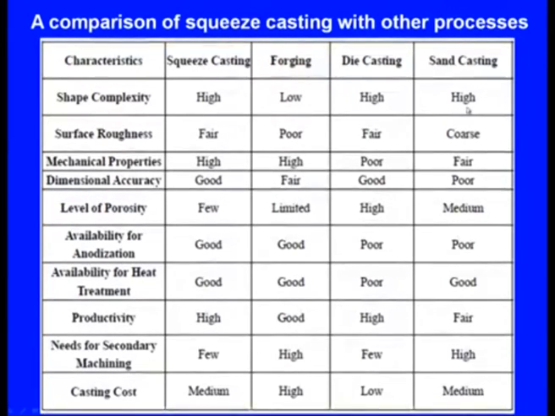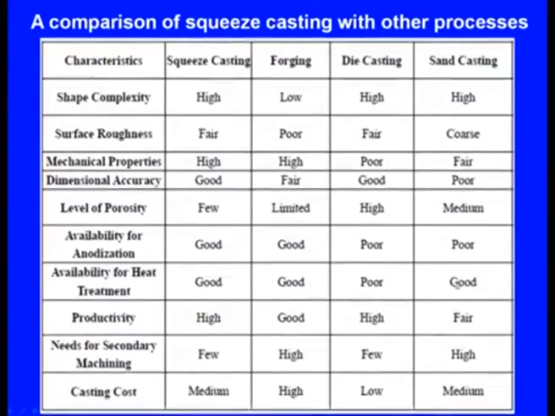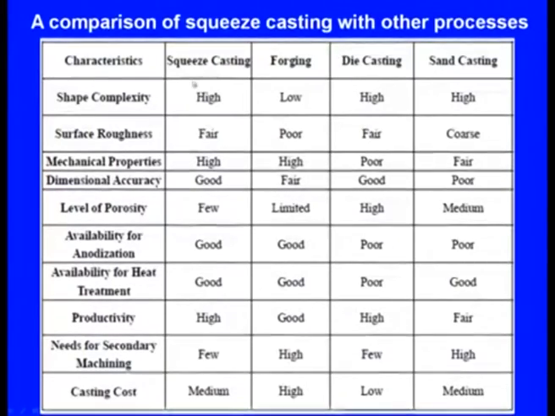And with the sand casting, shape complexity is very high, surface roughness very coarse, mechanical properties fair, dimensional accuracy is very poor, level of porosity medium, availability for anodization poor, availability for heat treatment good, productivity fair, needs for secondary machining very high, next one casting cost medium. So, in that way also squeeze casting proves to be superior compared to forging, die casting and sand casting.